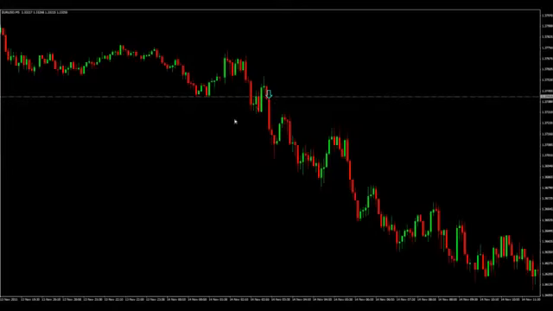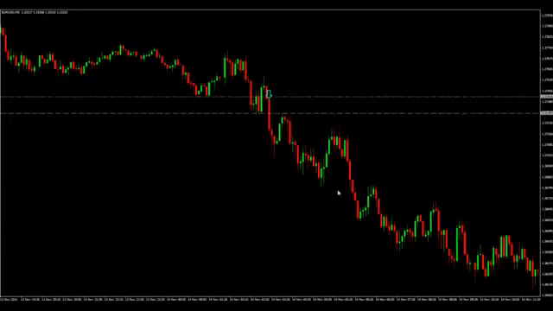Now the next support line that we've got, again one that's sticking out to me, is right here. Now you can actually play breaks, or you can play bounce plays as well, as you want to be a dynamic trader. So this is actually a pretty good bounce play right here, and I'll explain the reason for that.